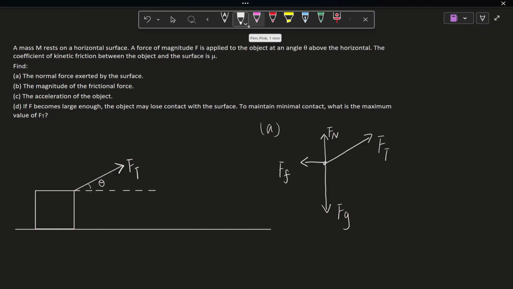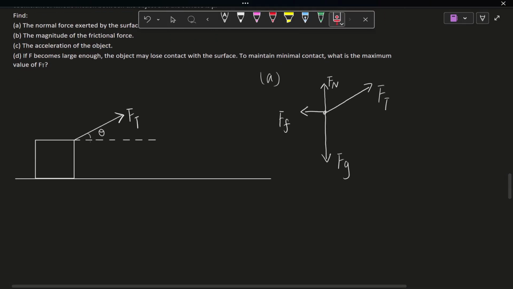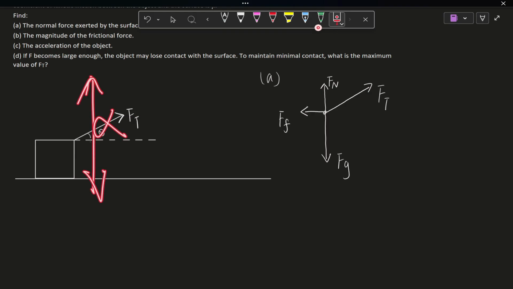First, the normal force exerted by the surface. Since the object is only moving along the horizontal direction, it is not moving vertically. There's no movement vertically, which means the net force in the vertical direction is equal to 0.